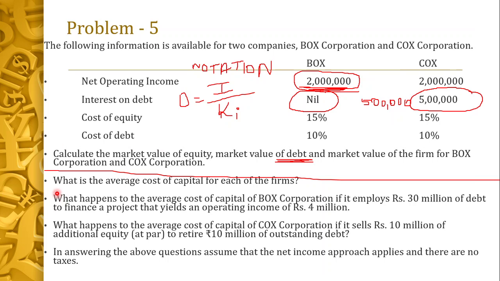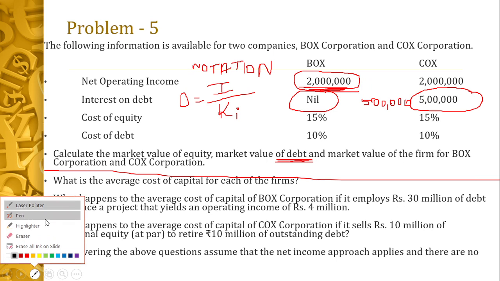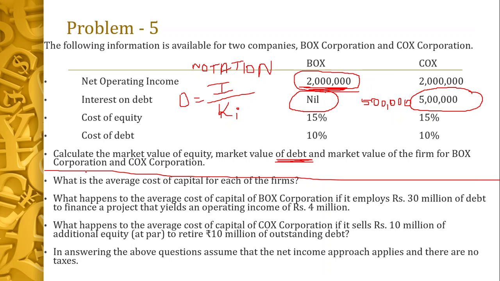So, the next question was, we have to find out the average cost of capital for each of the firm. That we have done. Even the average cost of capital for each of the firm we calculated.